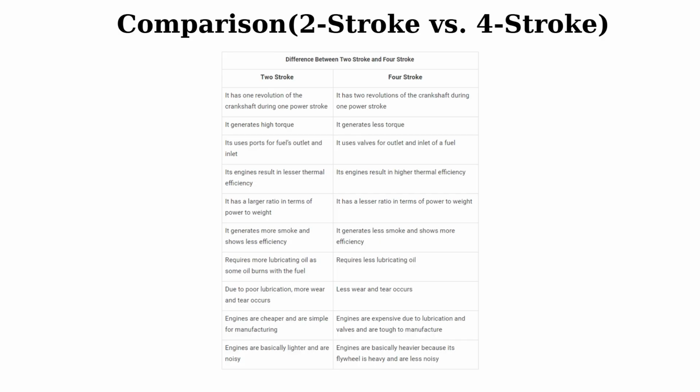Because of that, like I said at the beginning, we don't have the best engine. We have different engines for different purposes. Now, advantages and disadvantages. Two-stroke engine advantages: simple design, lightweight, high power for size.